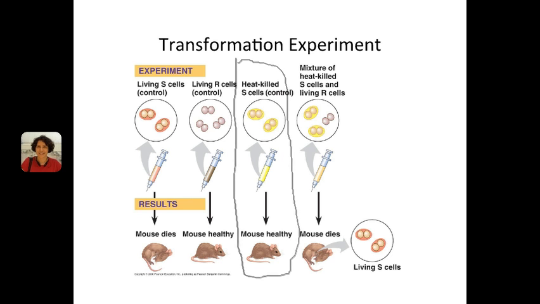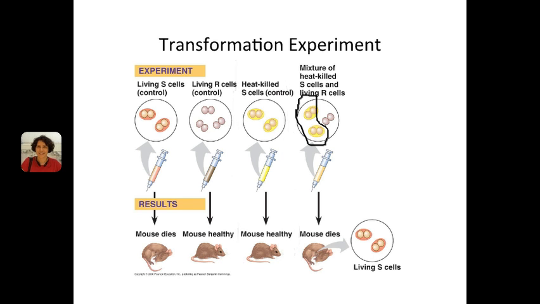And now in the fourth group, he mixed the dead virulent strain, the ones that were boiled, with the live non-virulent strain, the R cells. So dead S plus live R. He injected them together into a mouse, and the poor mouse died.